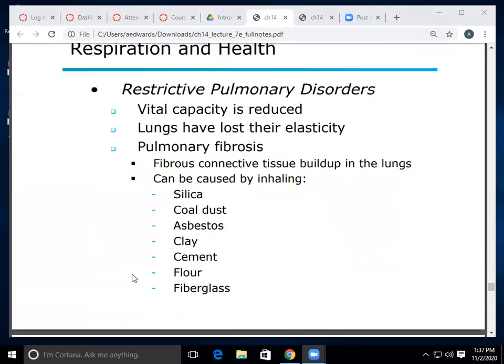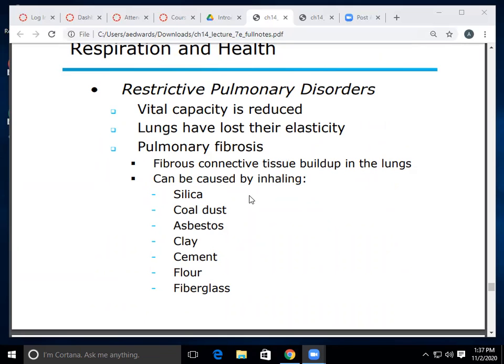All right, you also have restrictive pulmonary disorders. You get reduced vital capacity, lungs lose their elasticity, not able to stretch and recoil. You have pulmonary fibrosis. Here the fibrous connective tissue starts building up in your lungs.